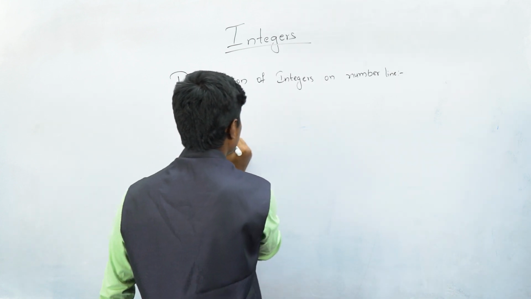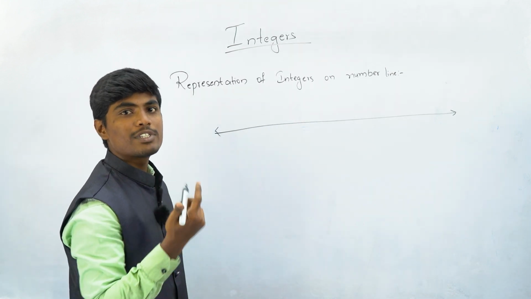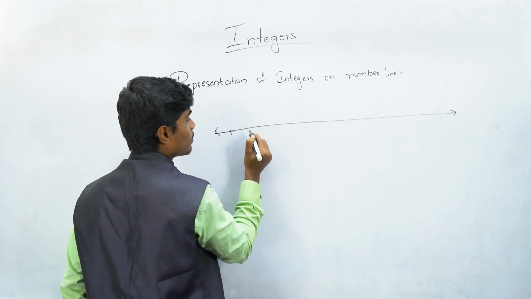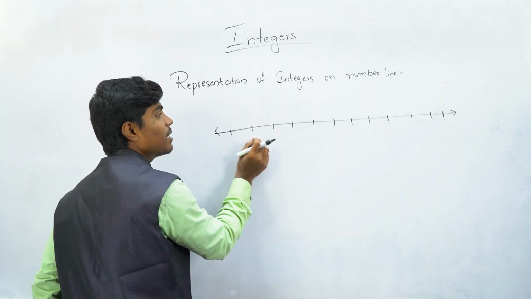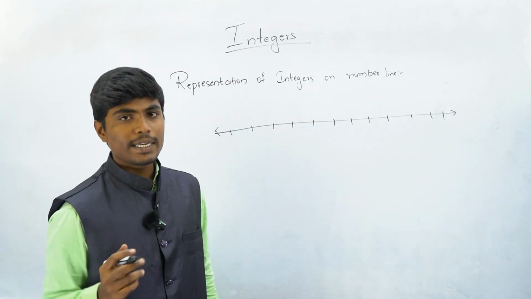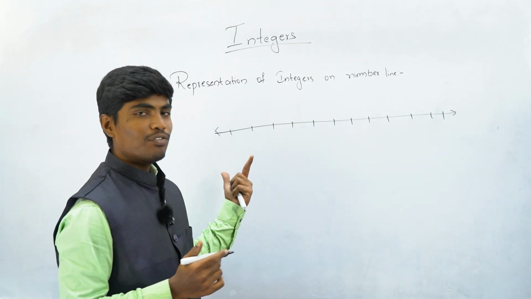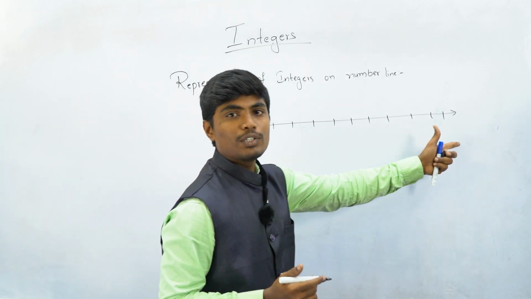Let's take a line and mark some points which are at equal distance from each other. We have marked a line and taken some points on the line at equal distance from each other. Now we have to start from negative numbers and go to positive numbers.